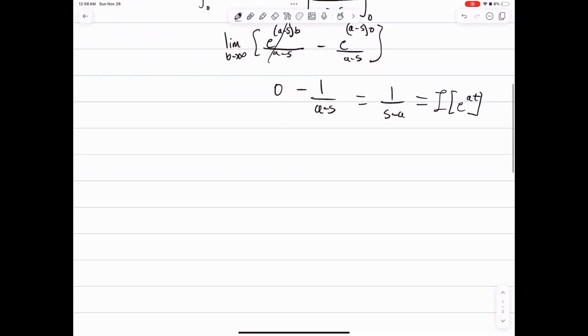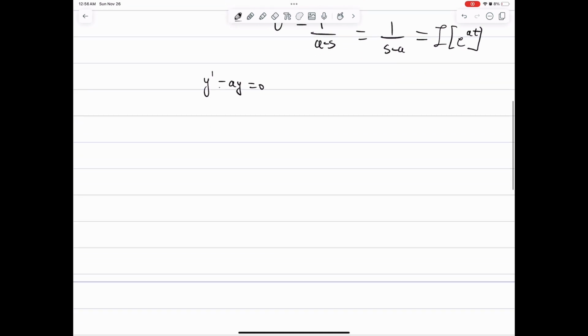Now what I want to do is apply this to a differential equation. If I look at y prime minus ay equals 0, an arbitrary differential equation, I can write this as dy over dt minus ay equals 0.